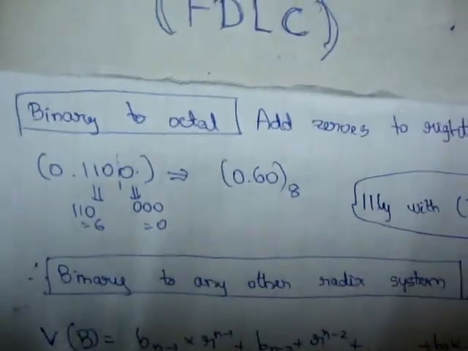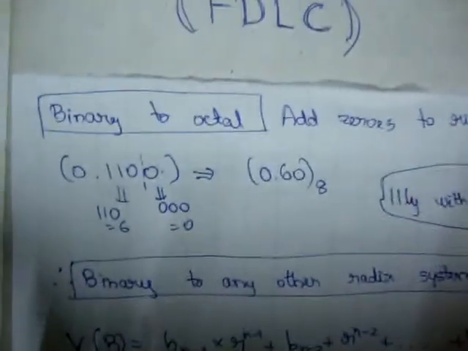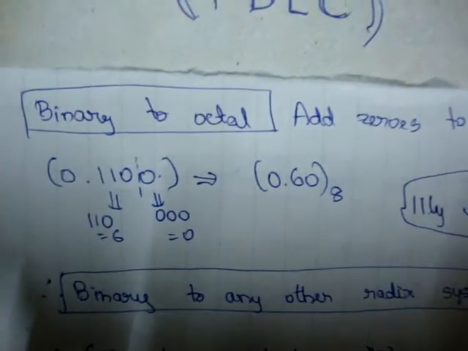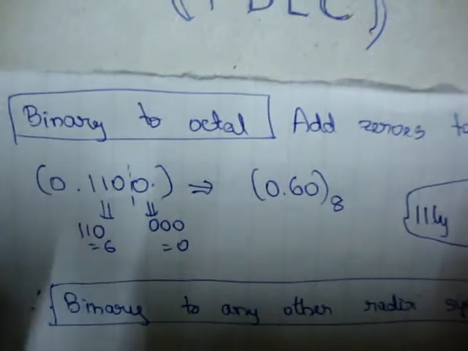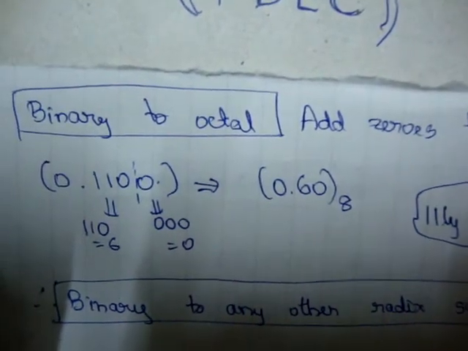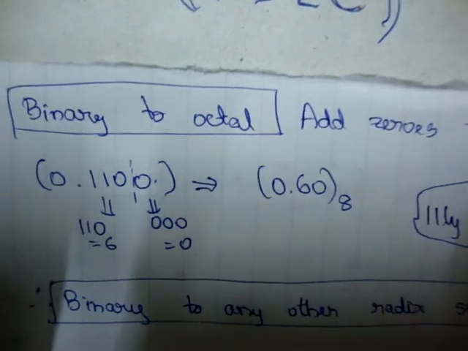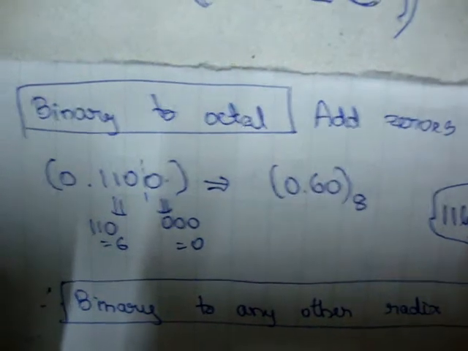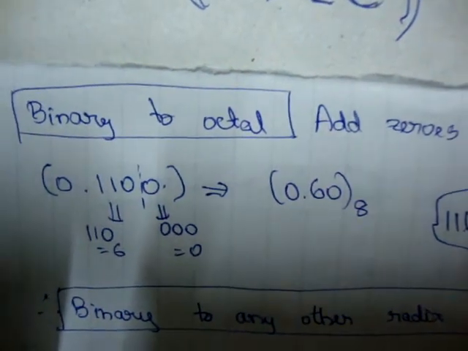For binary to octal or binary to hexadecimal, I'll first explain binary to octal. You split the number into 3 digits each. I have explained it in the previous video, so please go through it.